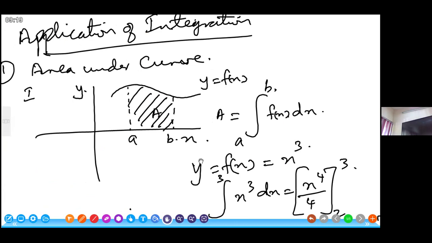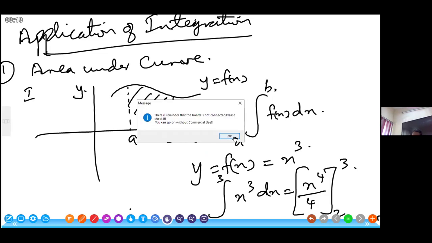Most economists do this kind of calculation. Anyone? What is the application of it? For example, area under the curve.